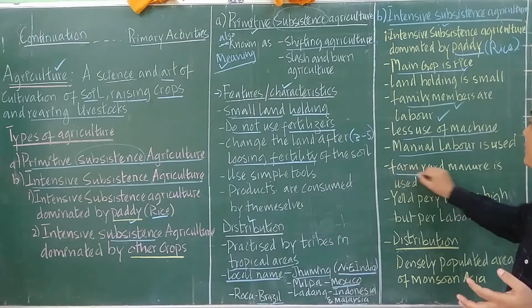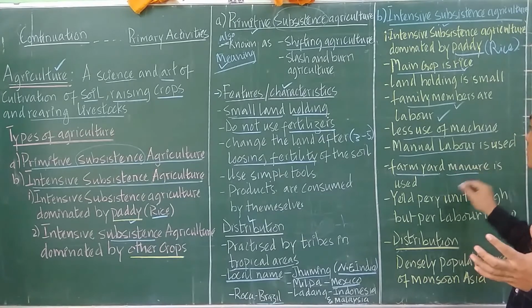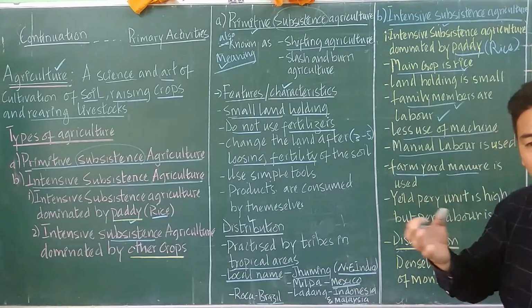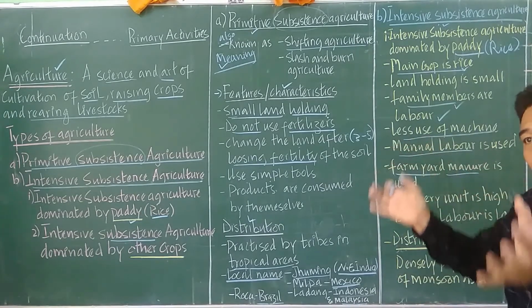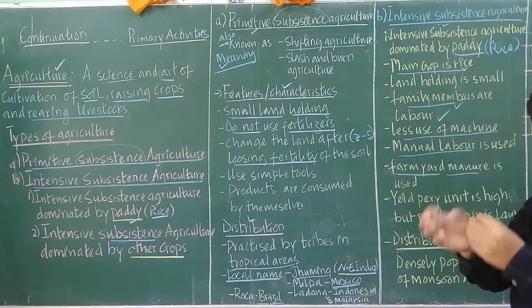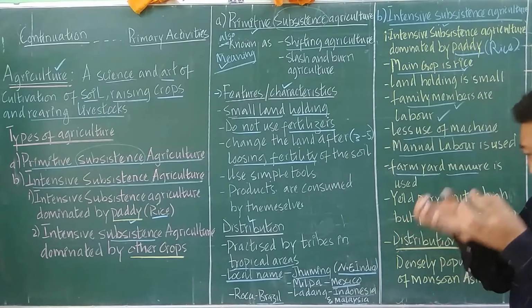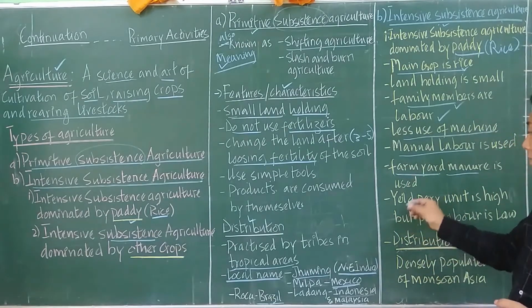And farmyard manure is used, whatever cow dung they are getting from their farmyard, or whatever organic material remains in the farm, is used as manure.